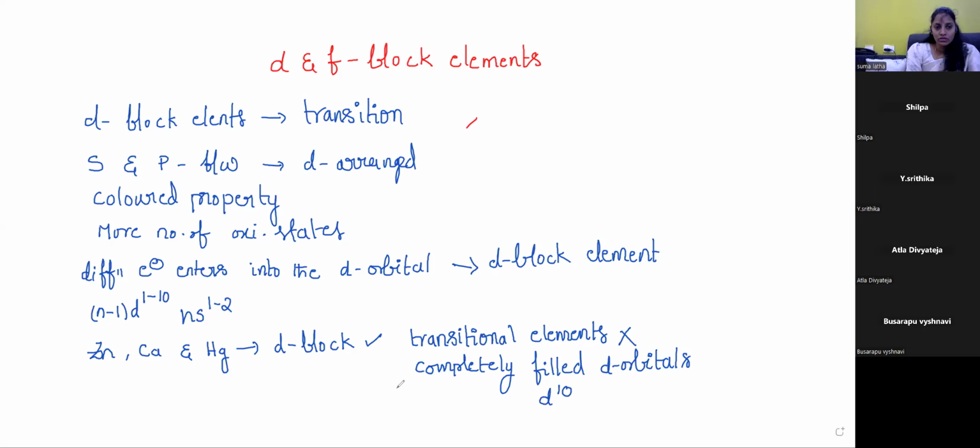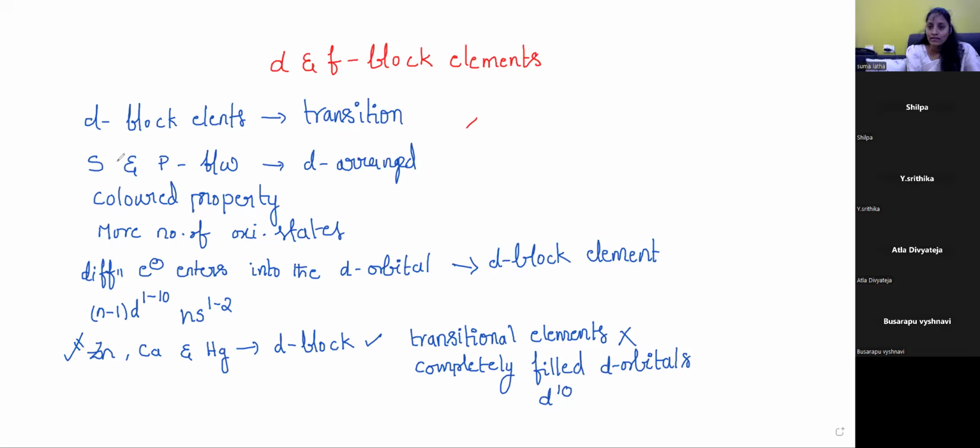So remember these exceptions. The first point is that d block elements are also known as transition elements. These d block elements are arranged between the s and p block. That is one reason to call them transitional elements.